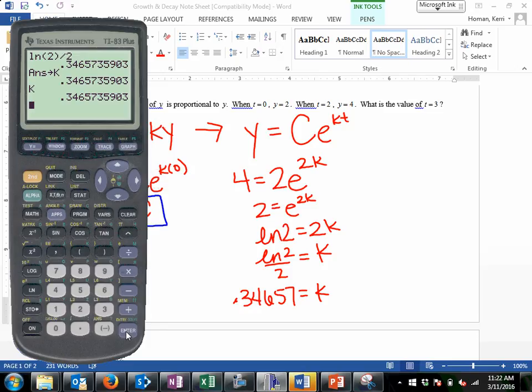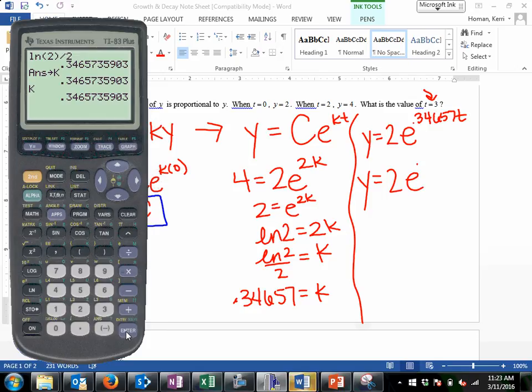So now we have y equals 2 e to the 0.3467 t. That is our equation now. And now we can figure out what y is at time 3 by plugging in 3.